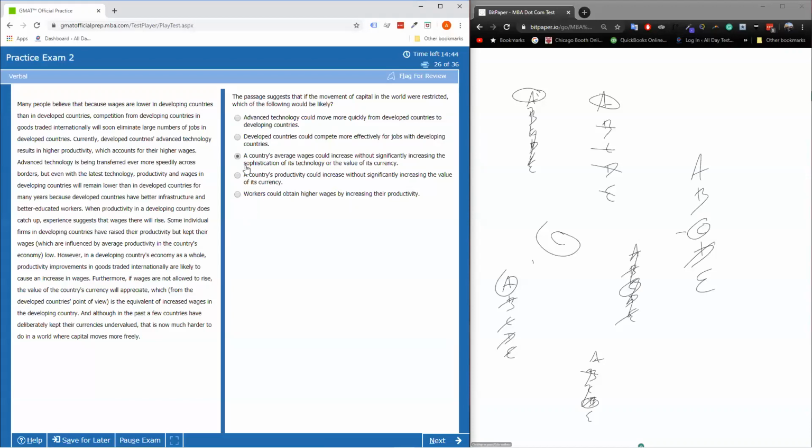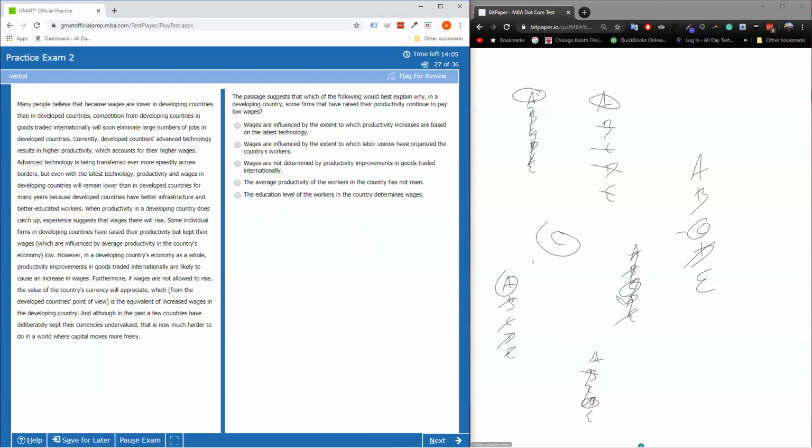Maybe C. Workers can obtain higher wages by increasing their productivity. So if capital moves freely, they can't undervalue their currency, which is the equivalent of increased wages. E.